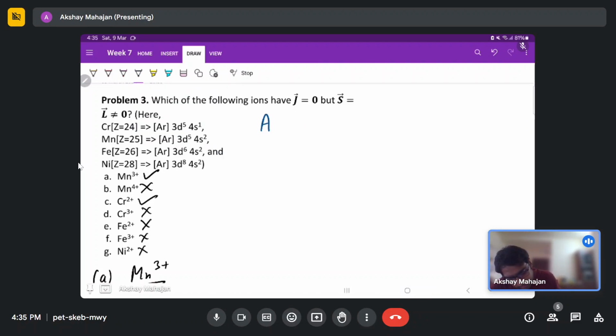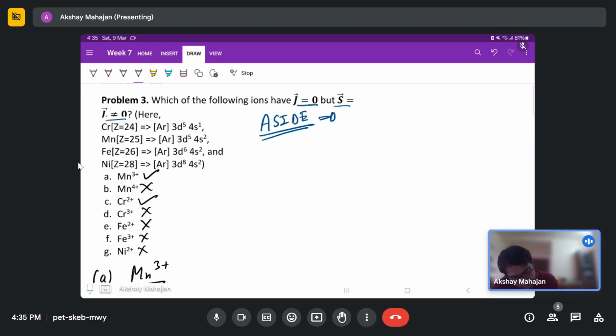In this kind of problem, here I have solved it in detail, but if you have to solve multiple choice questions, and J is equal to 0 and S and L are both not equal to 0, that could happen only if we are filling this nl shell one less than half filled.